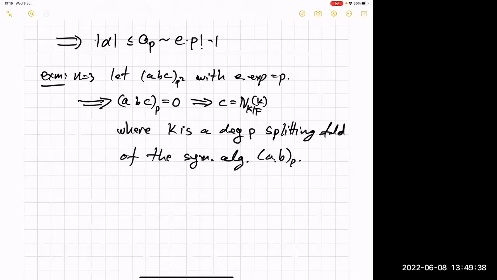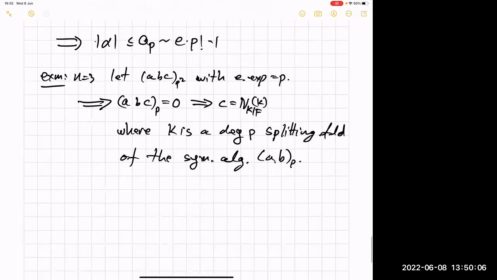Okay, it's just the usual criterion. When you cup a symbol with an element from H1, it's trivial exactly when that H1 element is a co-restriction from a splitting field of your symbol. The nice thing is that it works over your base field, and you don't need to go to the prime-to-P closure of your base field. So what does that tell us? We can do now a little computation.